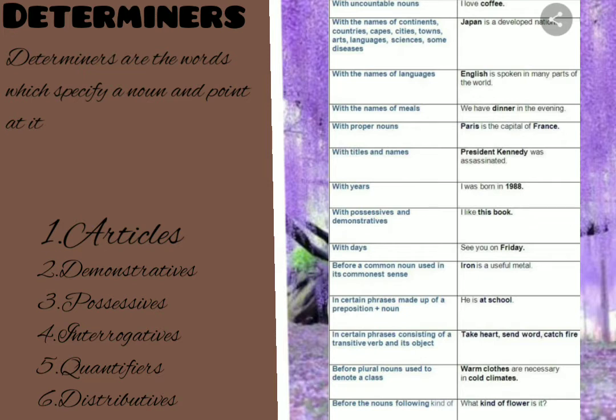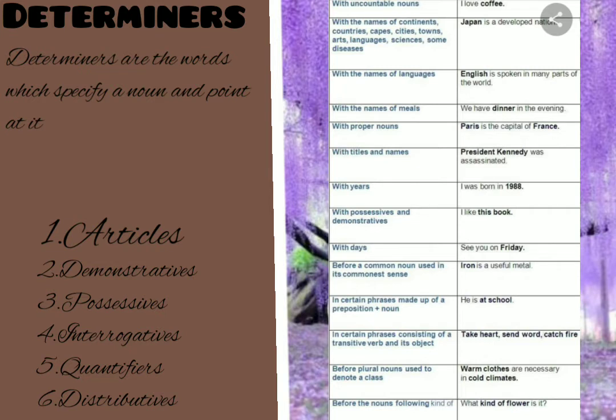Next is with titles and names, like President Kennedy. We omitted the article here. President Kennedy was assassinated, so no article is used here. Then with years, like I was born in 1988. Before the year we did not use any article.